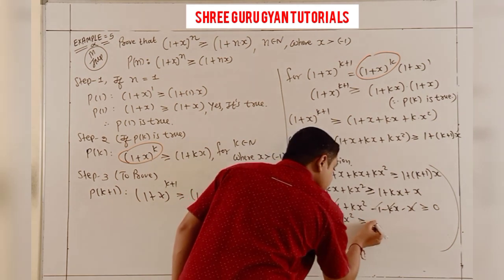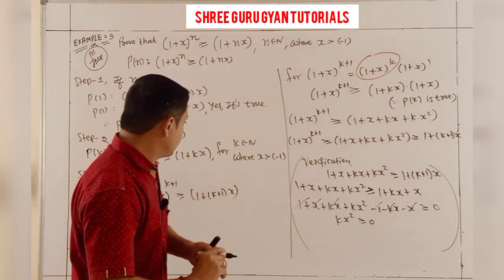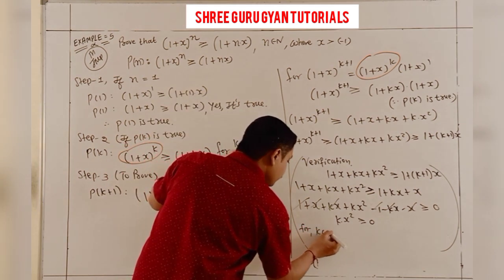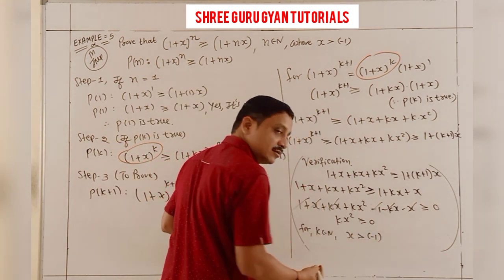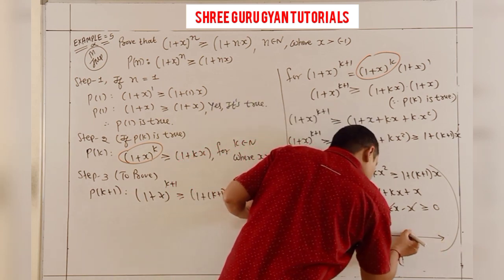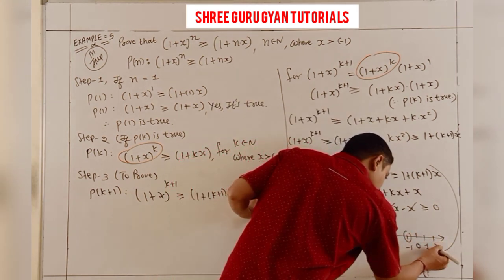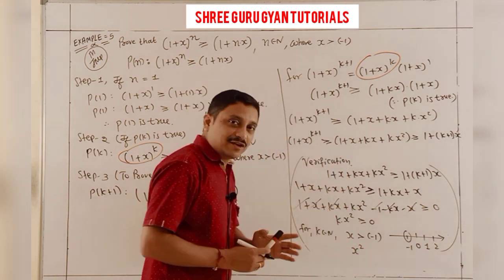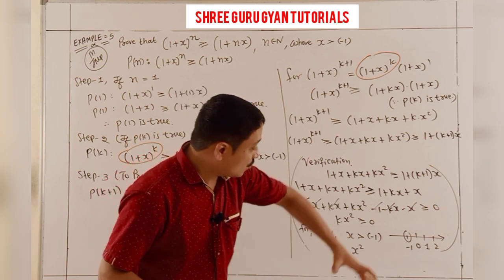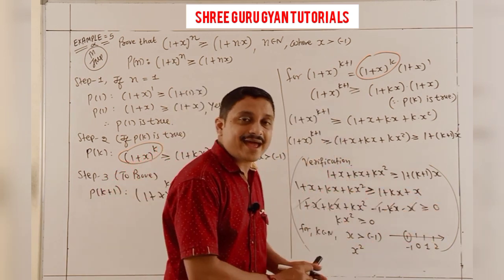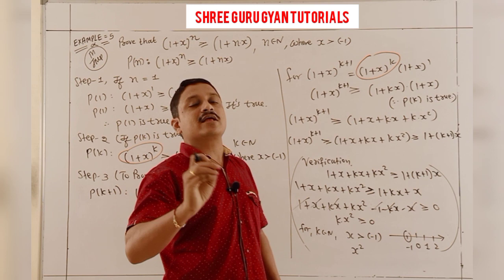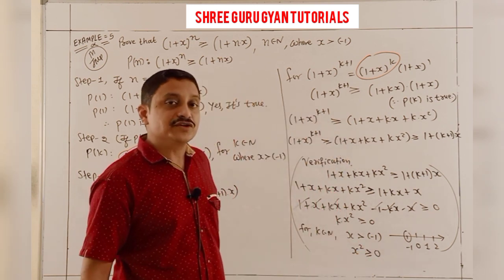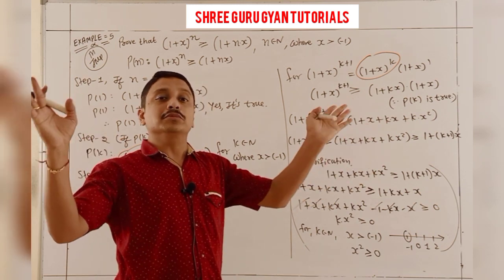And here students, there is a main step coming. Condition: for k natural, x more than minus 1. It means students, this is your number line: here minus 1, 0, 1, 2. You are making the square here. Can we say square for this data? Yes, definitely. If you take the square, the minimum number is 0 and the maximum is many numbers.